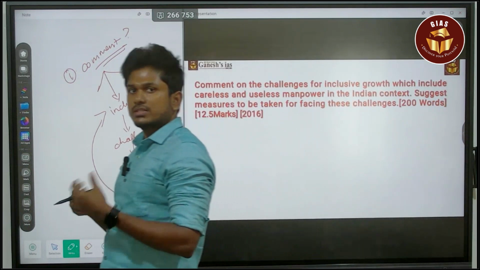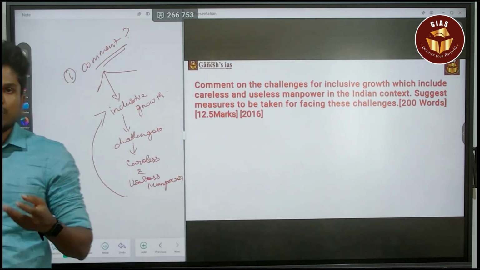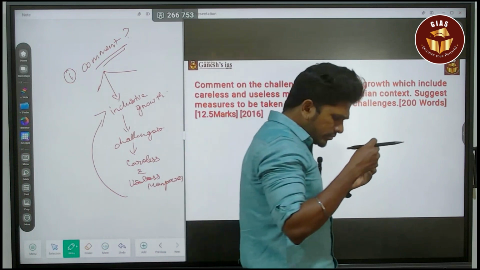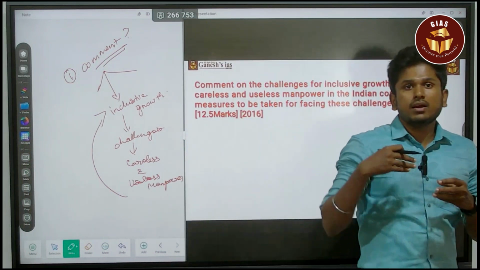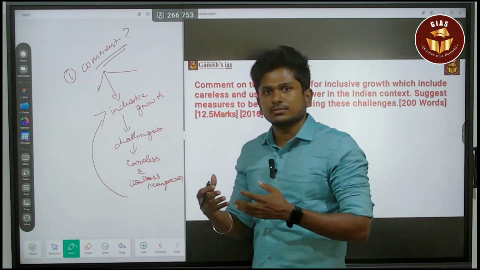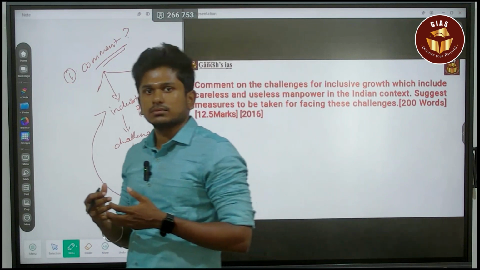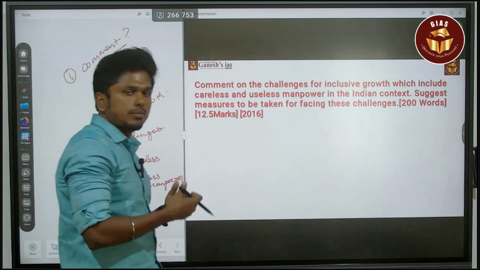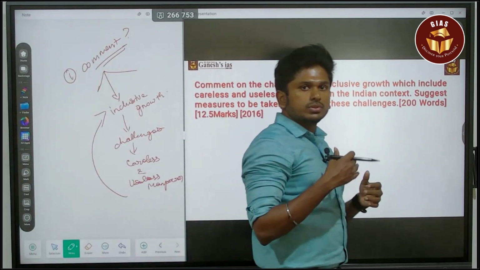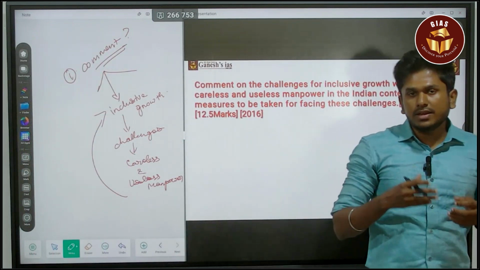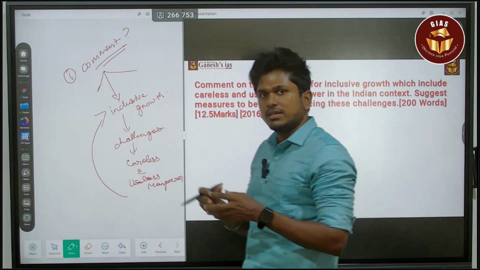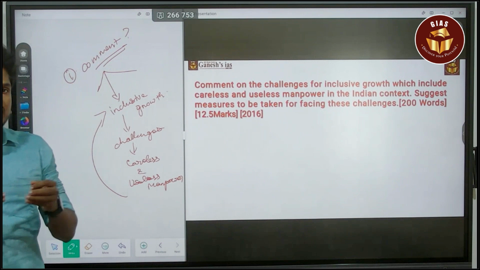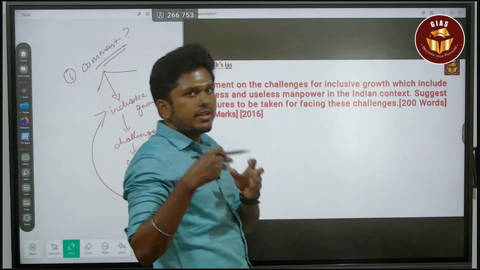For example, when it comes to government institutions, you can say that there is a huge delay in approving certain companies or investment proposals. There is a delay in the approval or certification for certain companies. That is the reason that leads to unemployment, and to issues with the growth of the country, which led to the delay in the inclusive growth.